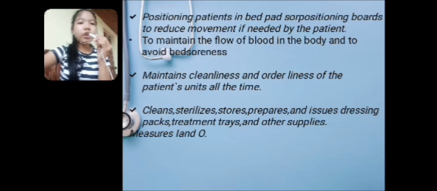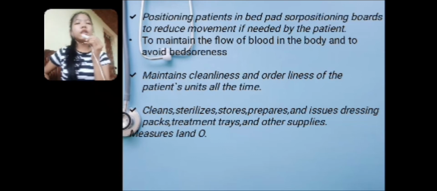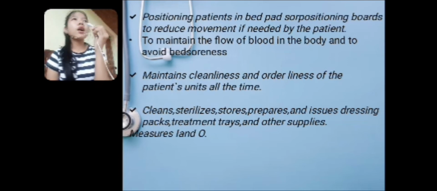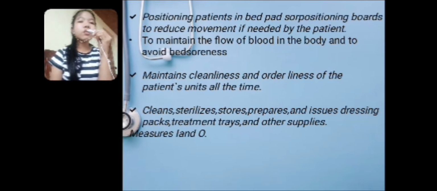Lastly is to clean and sterilize stores, prepare tissue dressings, pack treatment trays and other supplies, and measure I and O. After using the materials when doing a procedure, especially when a nursing aide does wound care, you must sanitize the equipment to reduce the microbial load on the surfaces prior to use.